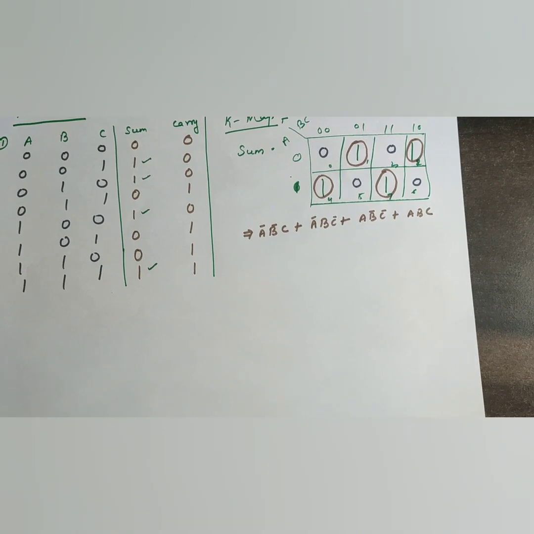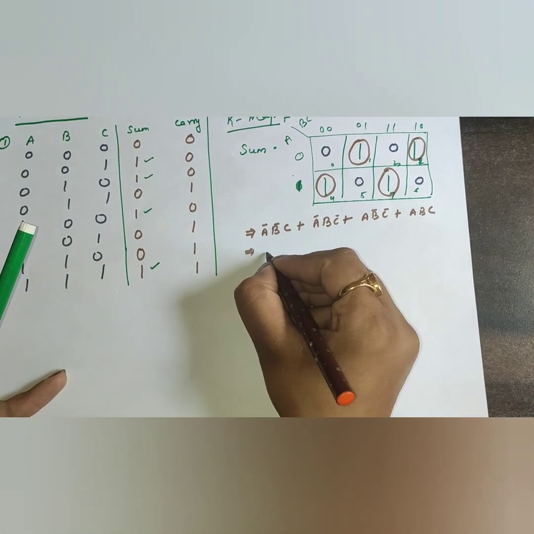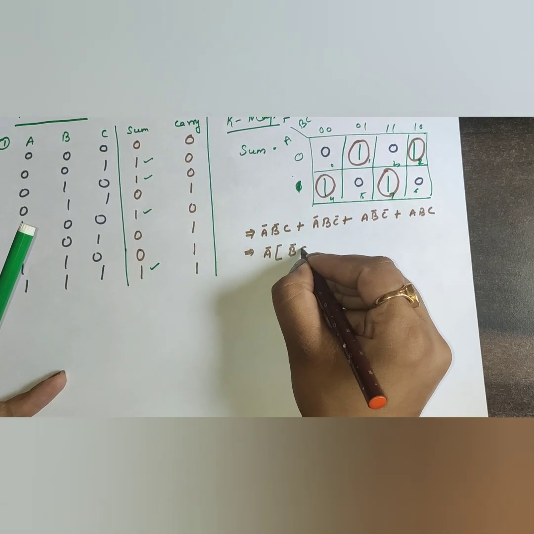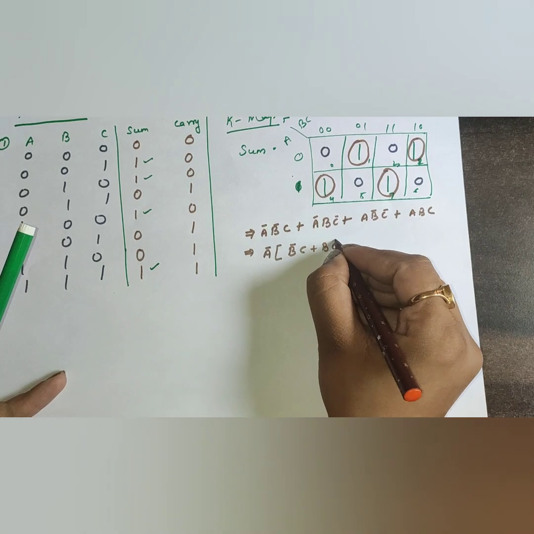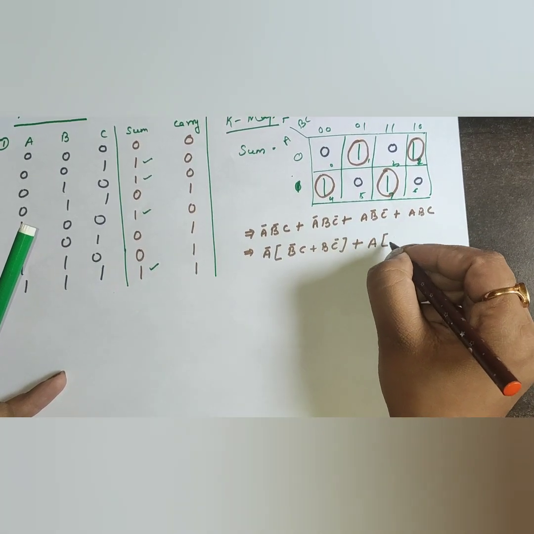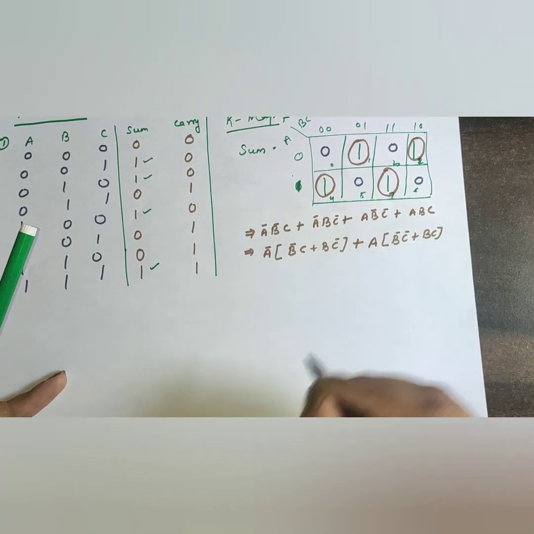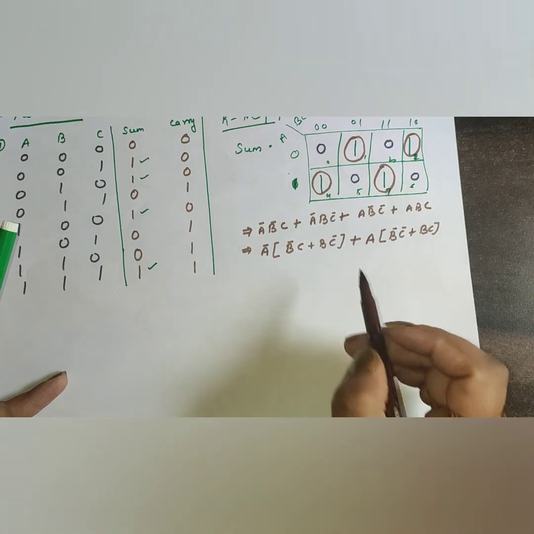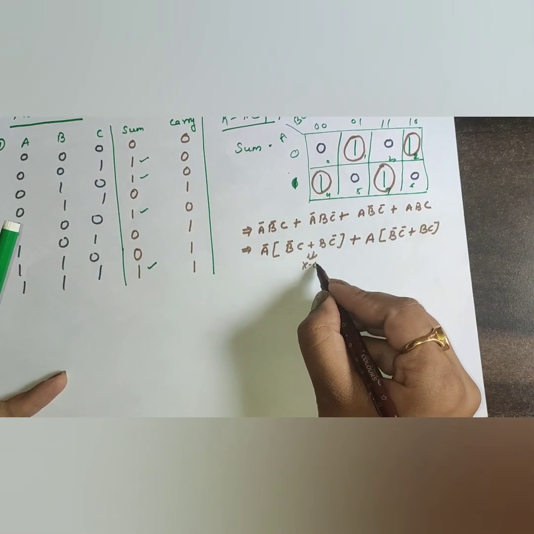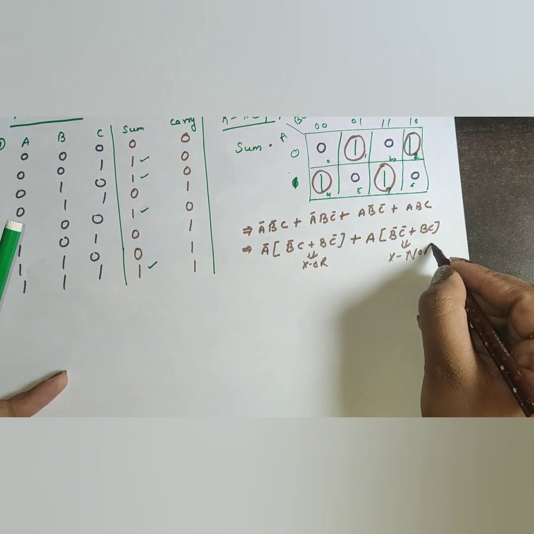So you can solve this also. If you take A bar common from this, you check B bar C plus B, C bar, plus A common, B bar, C bar plus B, C. So you can check, this is a XOR and this is XNOR expression.